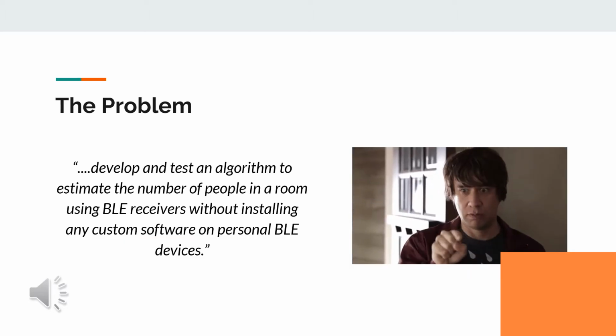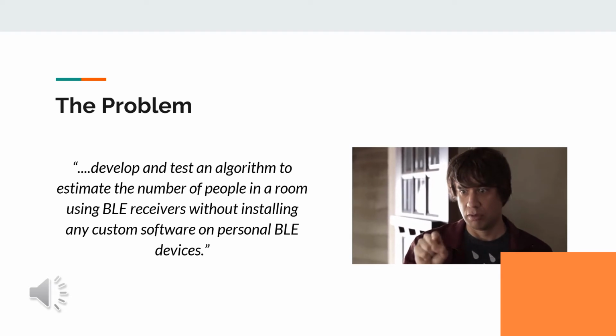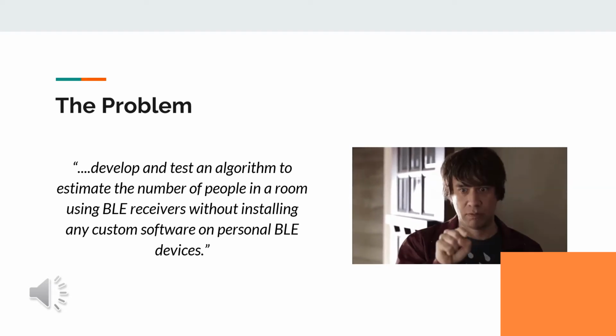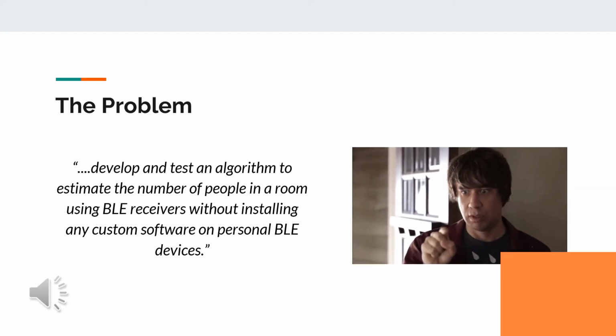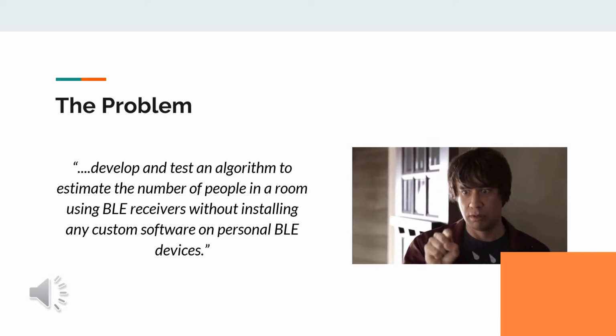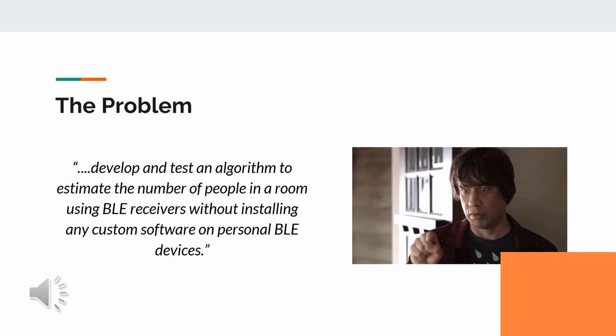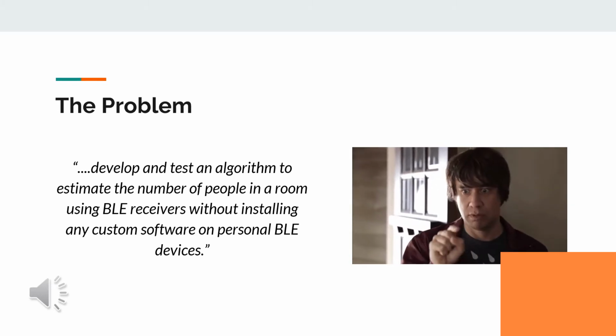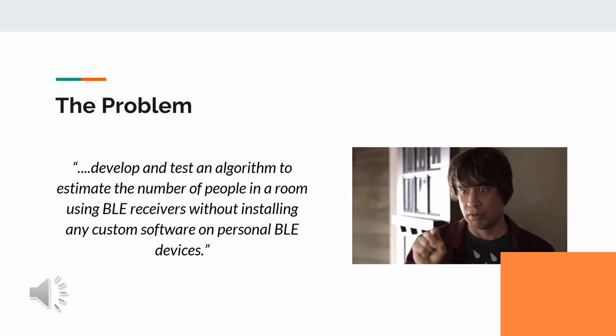Our problem statement is as follows. To develop and test an algorithm to estimate the number of people in a room using BLE, or Bluetooth Low Energy, receivers without installing any custom software on personal BLE devices.